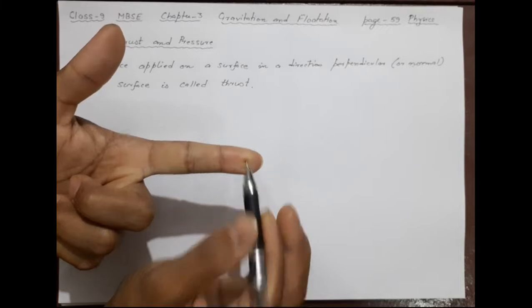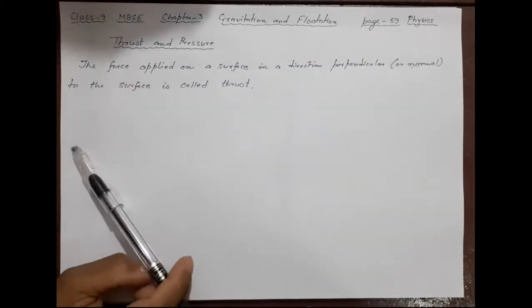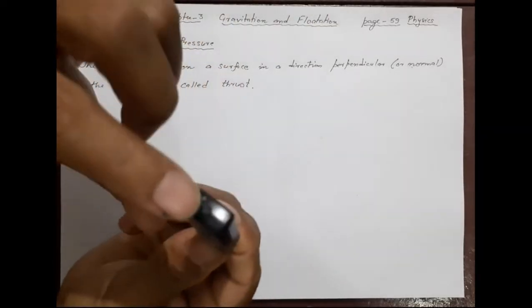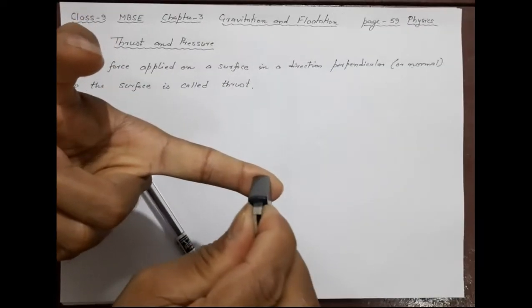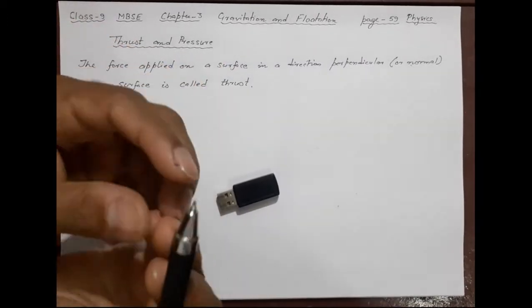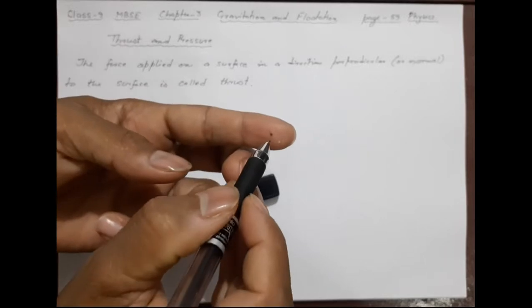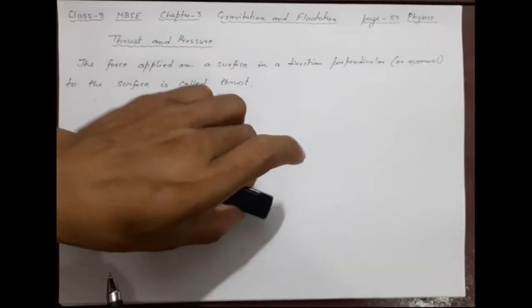So the area in contact matters. Suppose this has a bigger surface; if I press it, there is very little pain. But if I make this area very small, it will give me more pain. So that is called pressure.